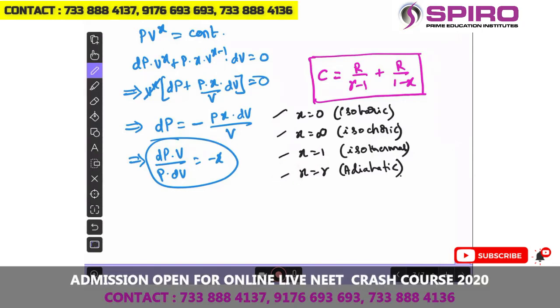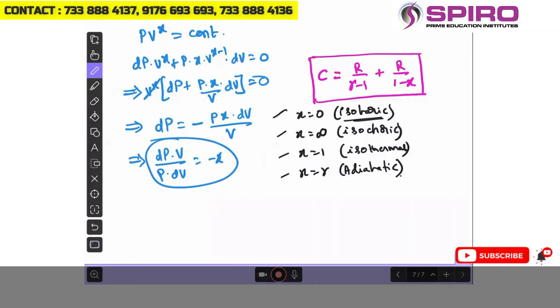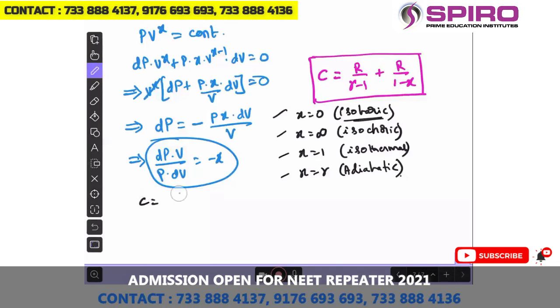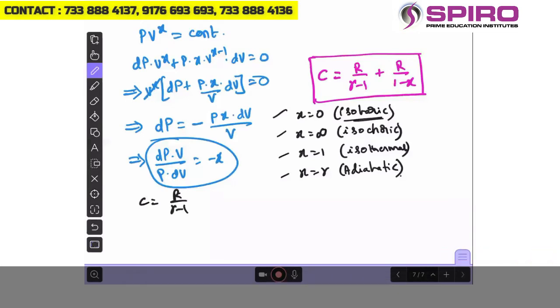If you substitute x equal to 0 for isobaric process, that is a constant pressure process, C is equal to R by gamma minus 1 plus R by 1 minus 0.